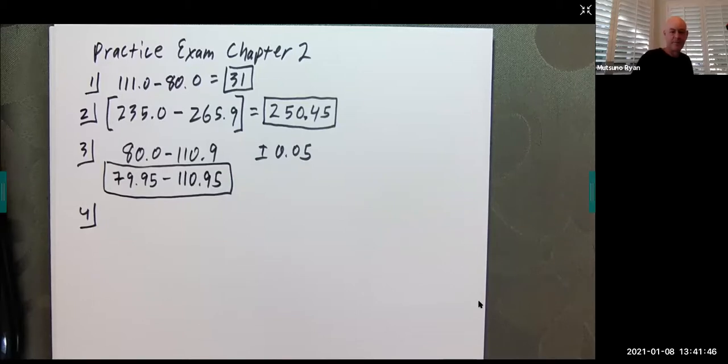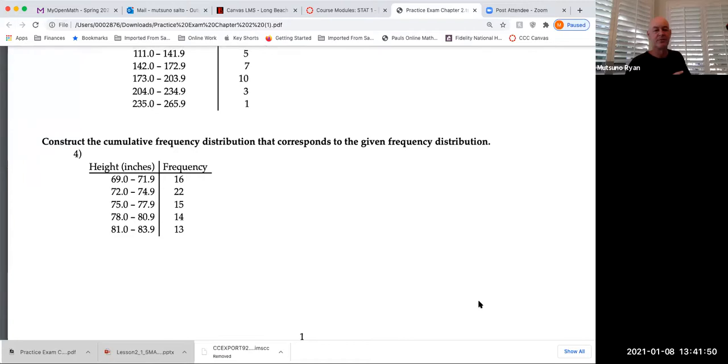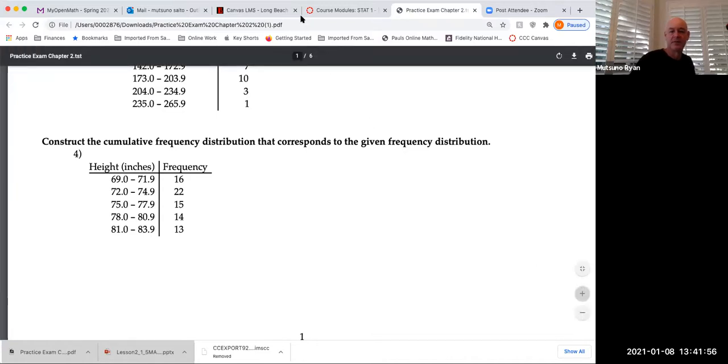So for number 4, we're going to construct a cumulative distribution. Now, for the heights, we do this a little bit differently with the cumulative, and I will show you how we set this up.